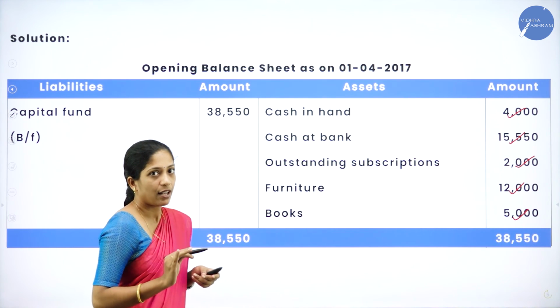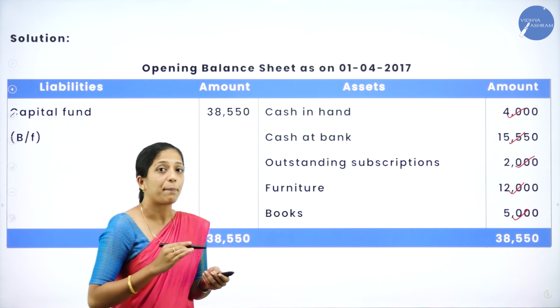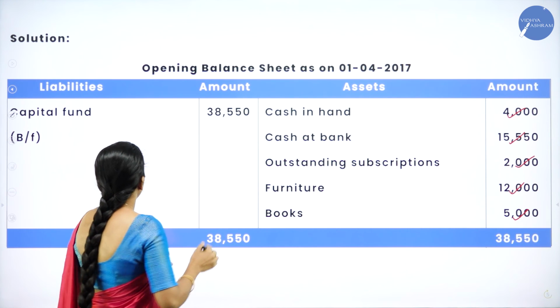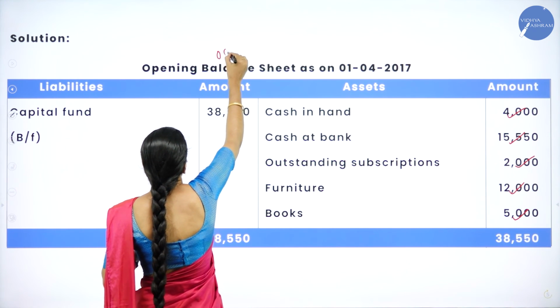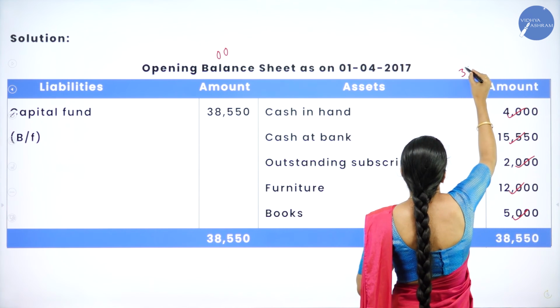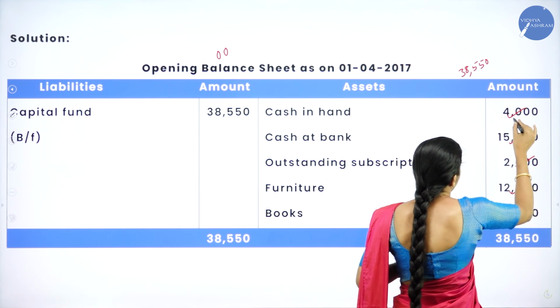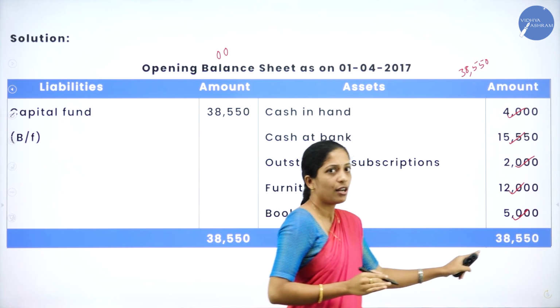Now we shall balance. So our balancing figure of the opening balance sheet is what? Capital fund. Under the liability side we are having 0. Under the asset side, when you add all these items, you will get 38,550.